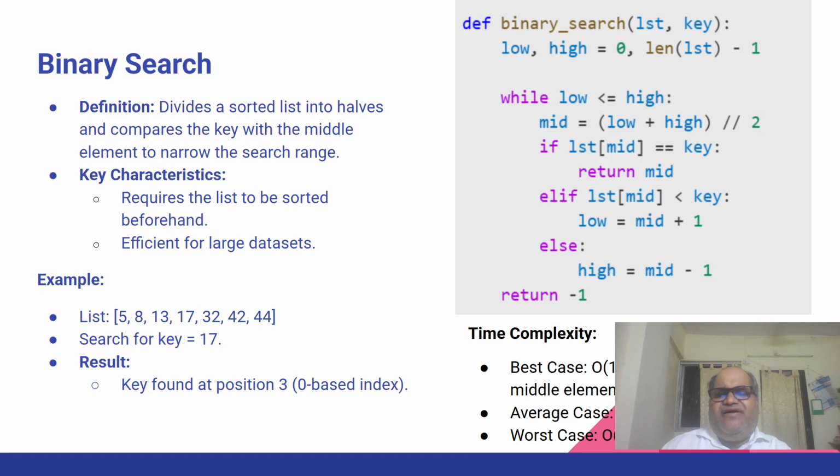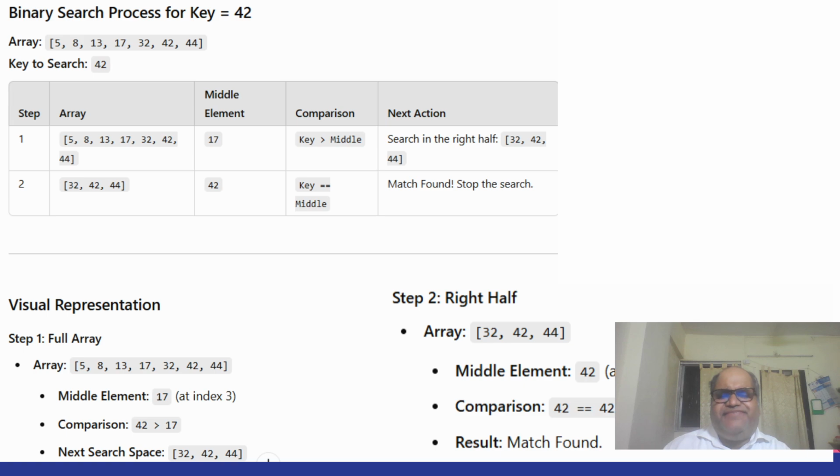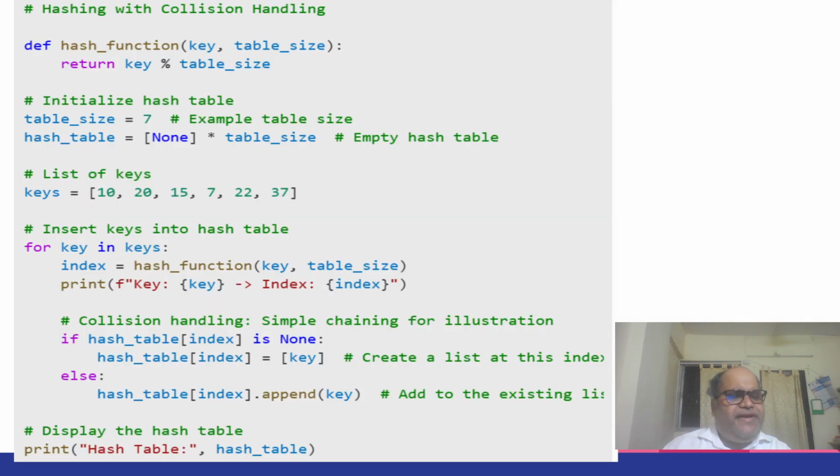You initialize your low and high to the beginning and end of the list, and then iterate as long as low is less than or equal to high, finding the mid element. If the mid element is the key, you return success. If the mid element is less, you search from mid plus 1 till the end of the array. Otherwise, you search from the beginning of the array till mid minus 1.